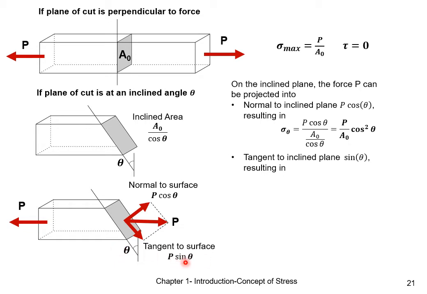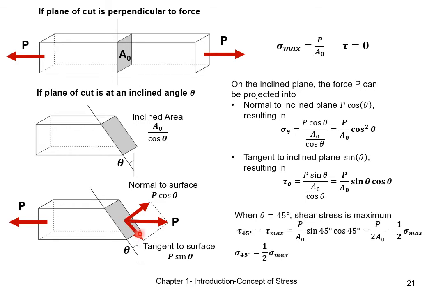The stresses normal to the inclined plane will hence be P cosine theta divided by the area A0 over cosine theta, which gives us this equation here. The stresses that is tangent to the inclined plane, which is also the shear stress, will just be P sine theta divided by the area, which is A0 over cosine theta, and you arrive at this expression here.